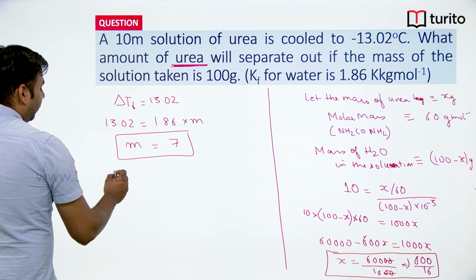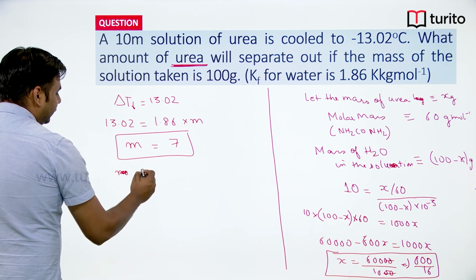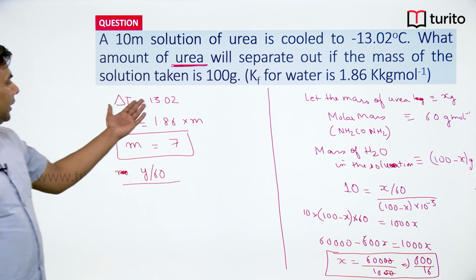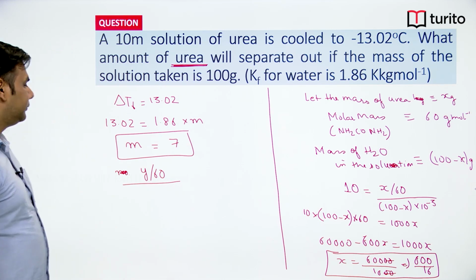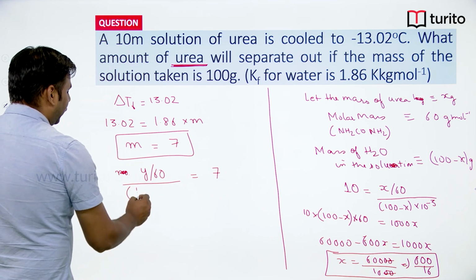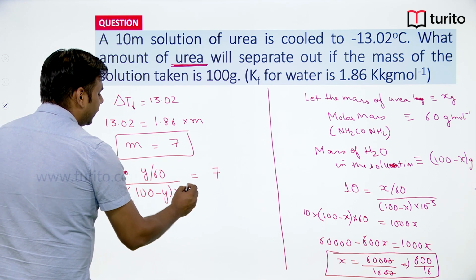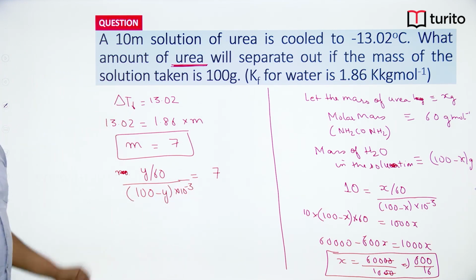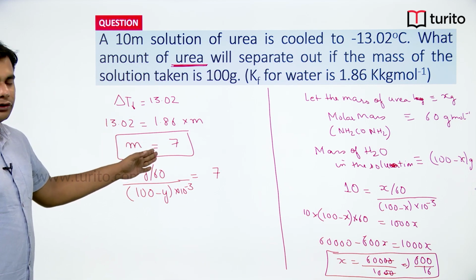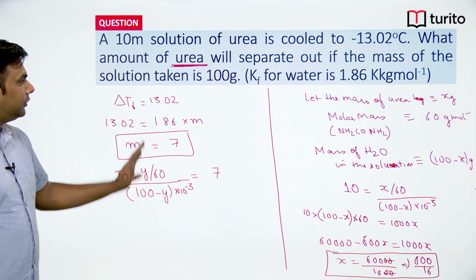So molality is number of moles of solute upon mass of solvent in kg. Let the mass of solute in this final solution be y. So moles would be y upon 60, and the total solution was 100 grams. So the mass of solvent would be 100 minus y, because the total mass of the solution is 100 only.